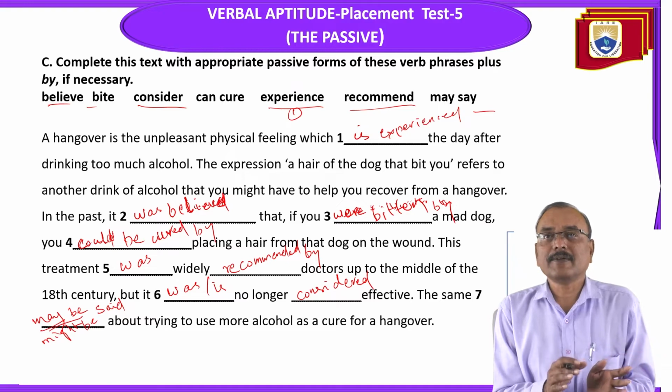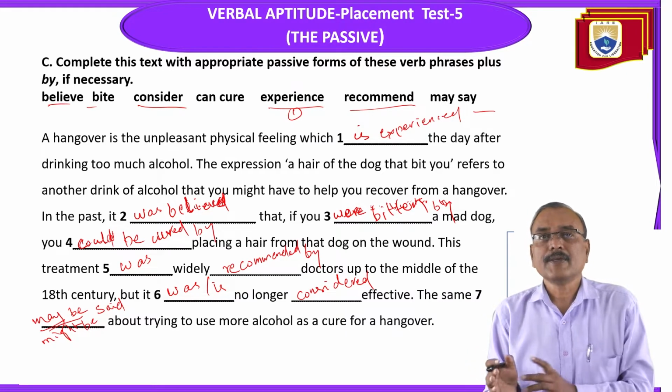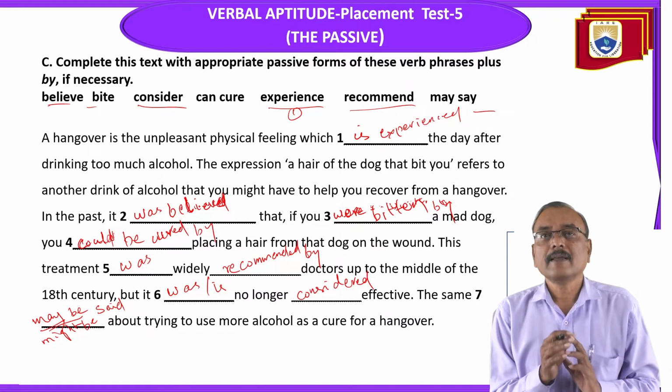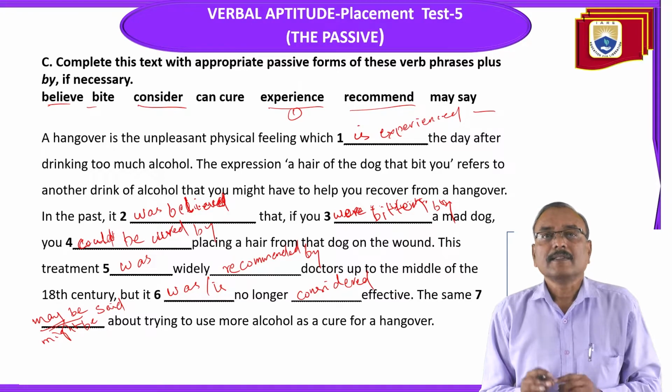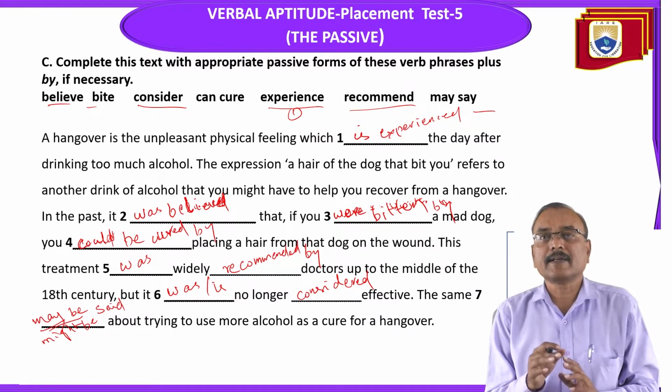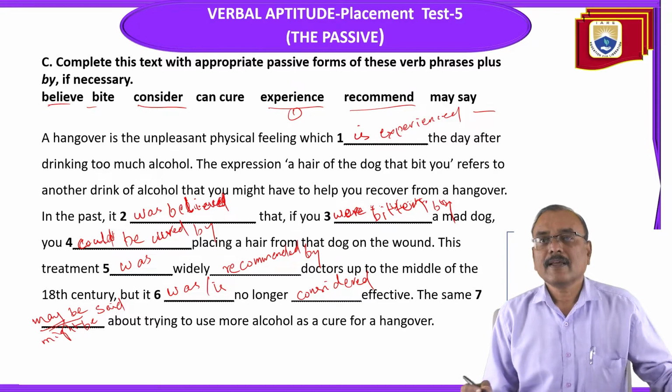It was believed that if you were bitten by a mad dog, you could be cured by placing a hair from that dog on the wound. This treatment was widely recommended by doctors up to the middle of the 18th century, but it was no longer considered effective.